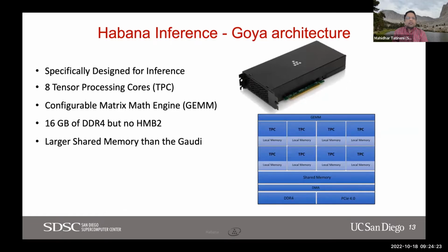The Goya architecture is also very custom for inference. It's got 8 tensor processing cores, the same kind of configurable matrix math engine, 16 gigs of DDR4 memory, but no HBM2 on this one. The shared memory here refers to the on-chip memory, which is a little bit larger in this case.